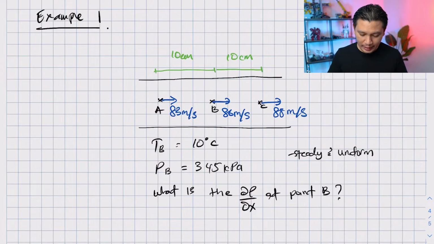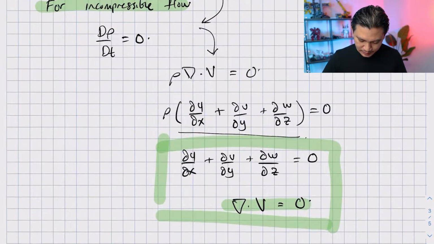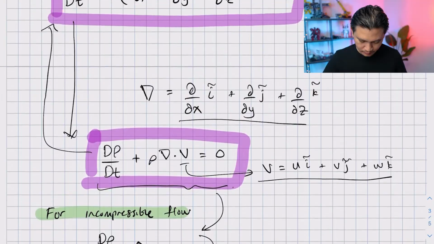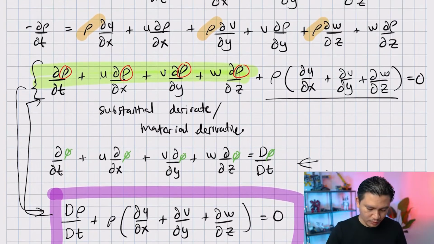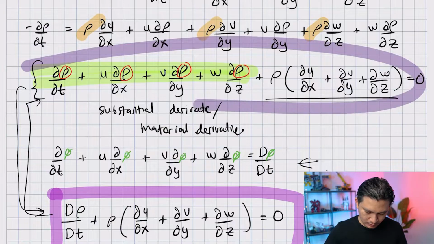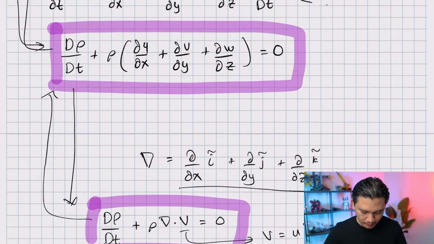So first of all, what I'm going to do is to simply write the equation that we have derived before. I'm just going to rewrite it again so that you can see.